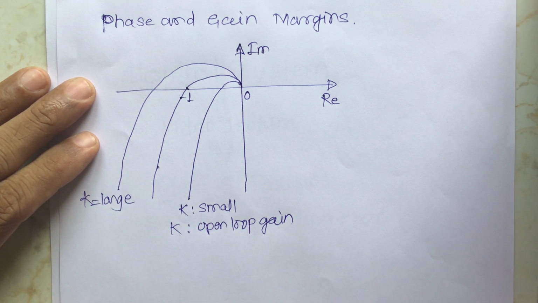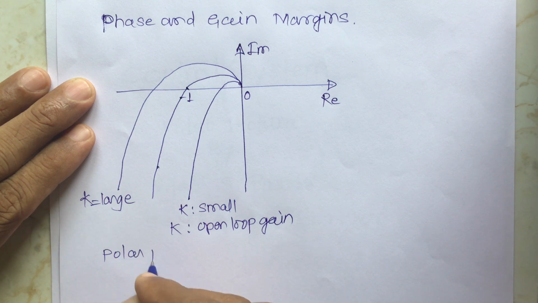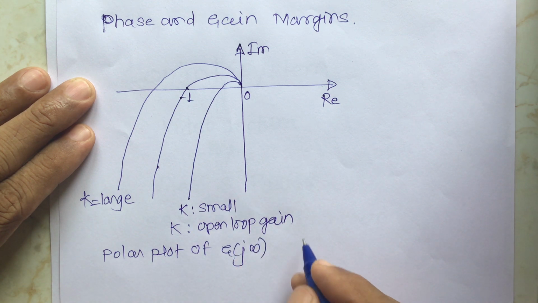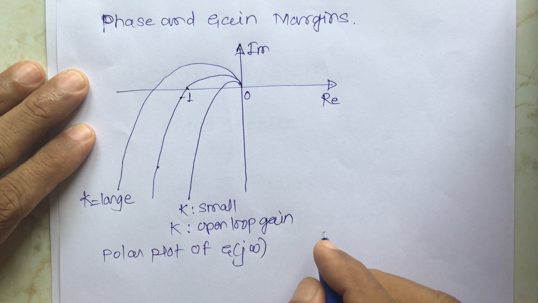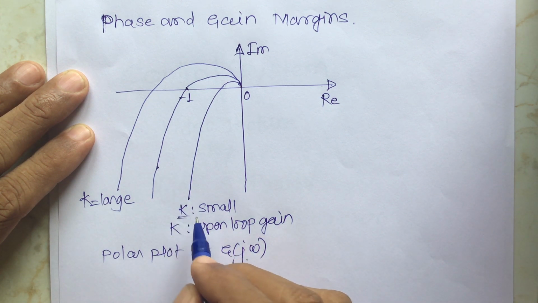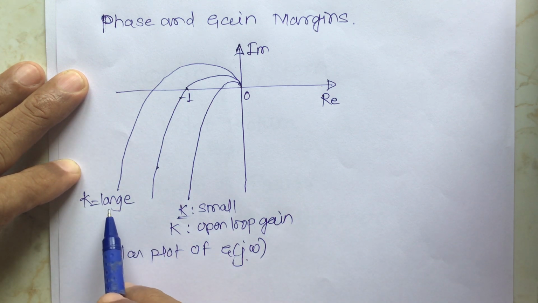So this is the polar plot of G of jw for three different values of open loop gain K. So for large value of gain K, the system is unstable.